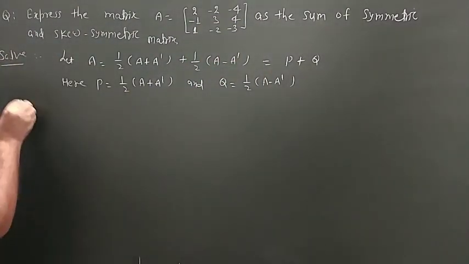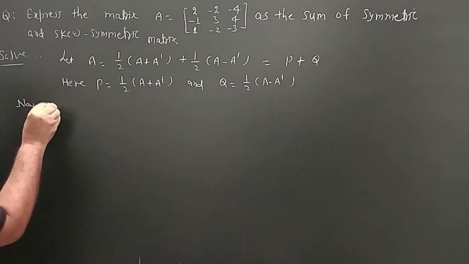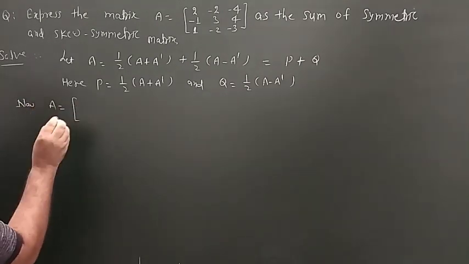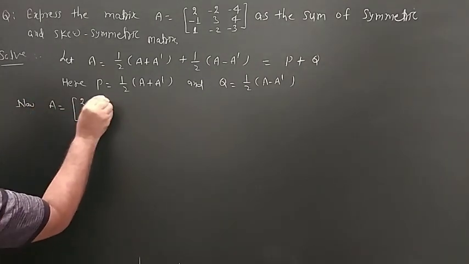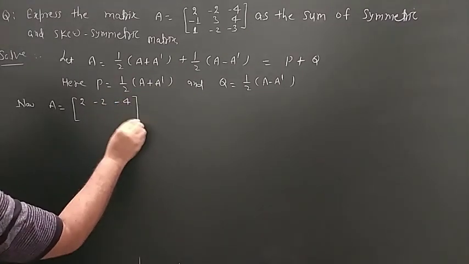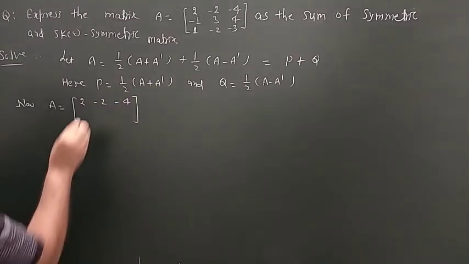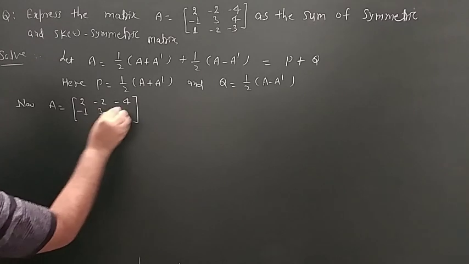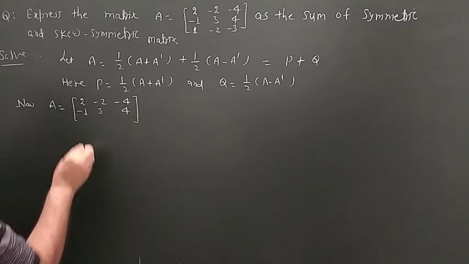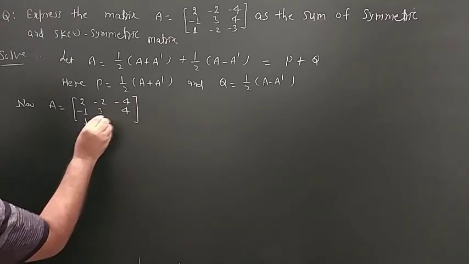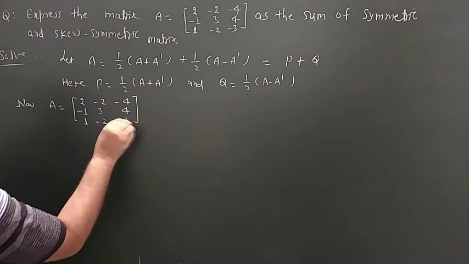Now, matrix A is given here: 2, minus 2, minus 4; minus 1, 3, 4; 1, minus 2, minus 3.